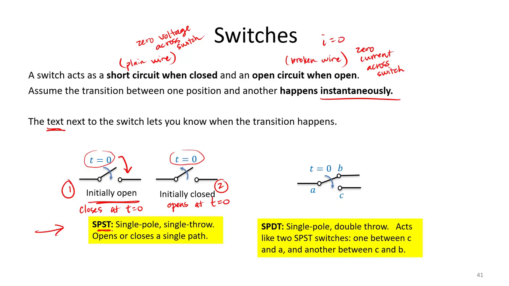Another type of switch is called SPDT, single pole, double throw. Basically, it can alternate between two paths, so it can either connect A to B or A to C, depending on the position.